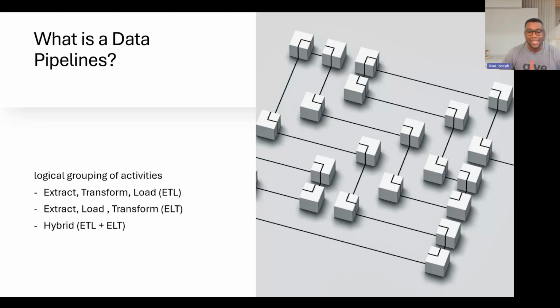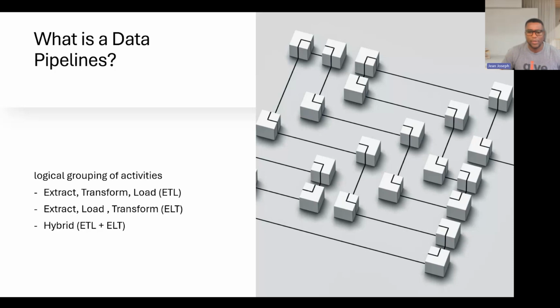So why do we need pipelines, first of all, right? Pipelines are critical because they automate the collection, transformation, and loading of data, reducing manual effort and error. They ensure data is processed quickly and efficiently, enabling real-time analytics and timely decision making, right?